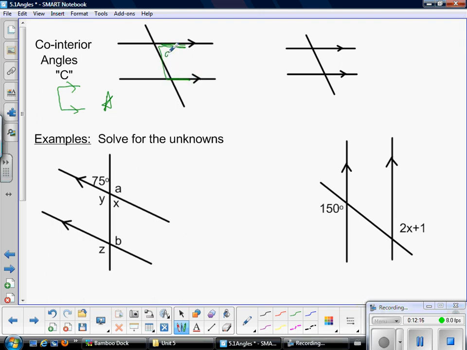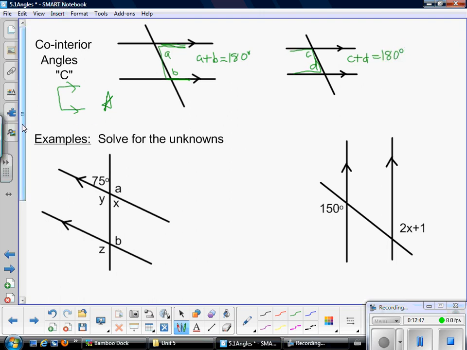If this is A and B, what happens is A plus B equals 180 degrees. Okay, so as I said, it's different, but it's useful sometimes to us. And the other C pattern is over here. If we call this C and D, again, C plus D equals 180 degrees. Okay, so we're always looking for those patterns.